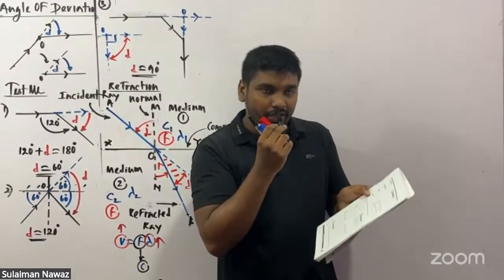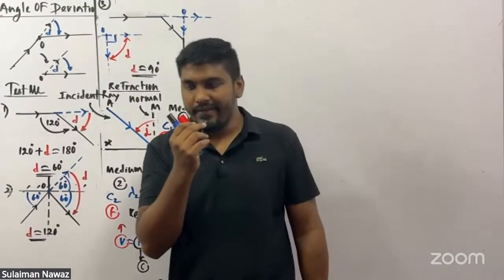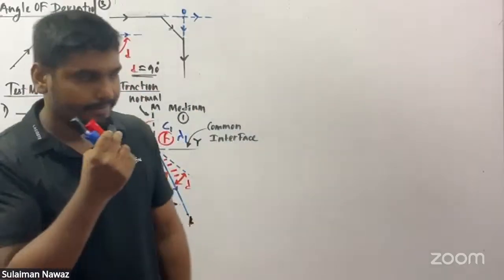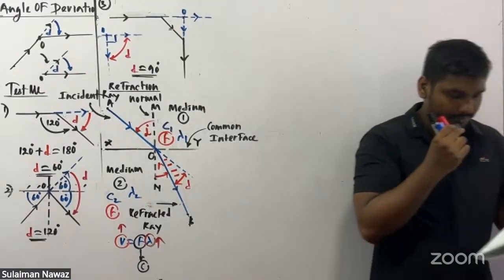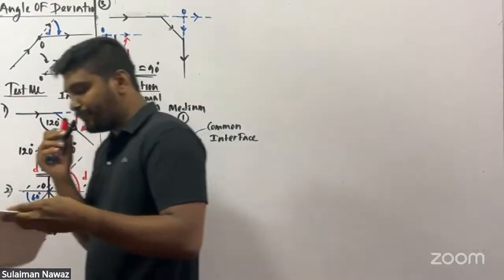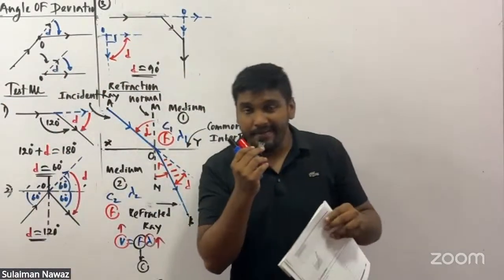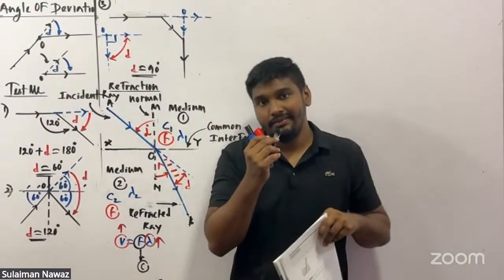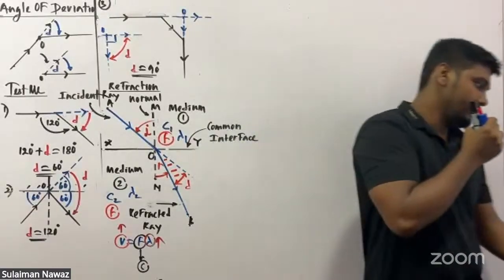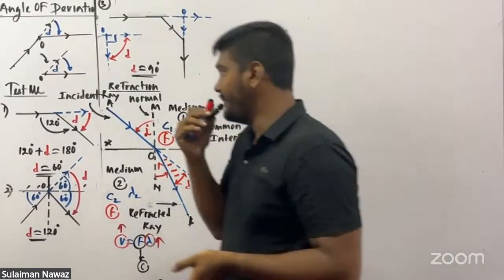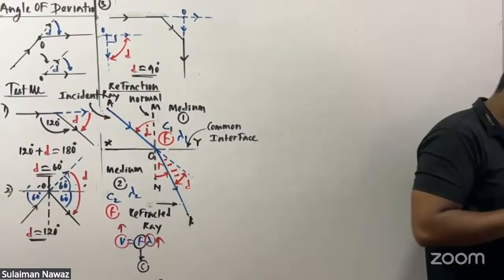Medium 2 means write down the medium where the refracted ray exits, or the medium where the light ray enters secondly. That is also done.